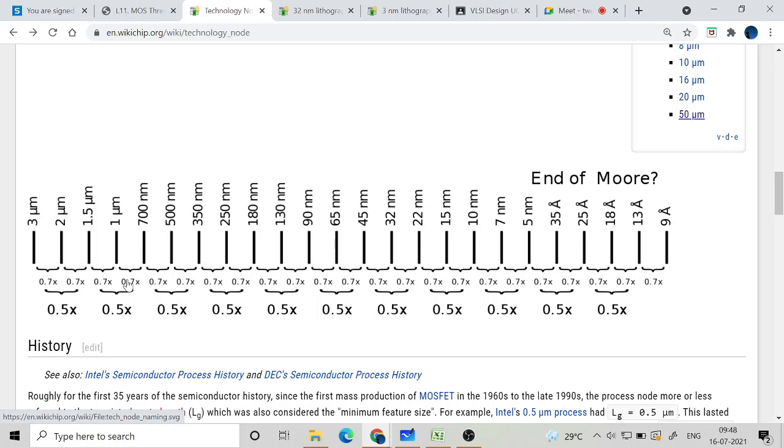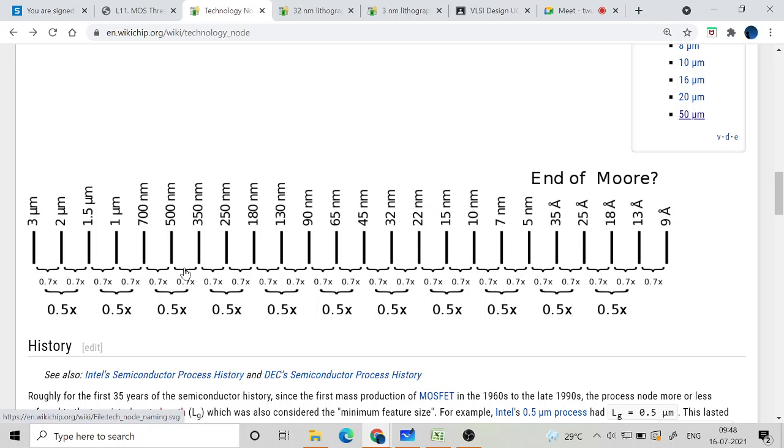These are two different ways you can look at it. From 1 micrometer, if you divide by root 2, that is 1.4, you will reach say 700 nanometer. Again, you multiply with 0.7 or divide by root 2, you reach 500 nanometer.